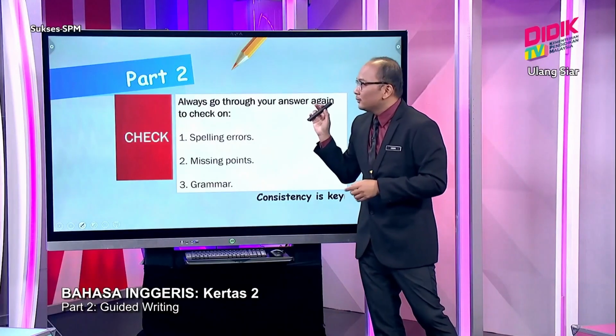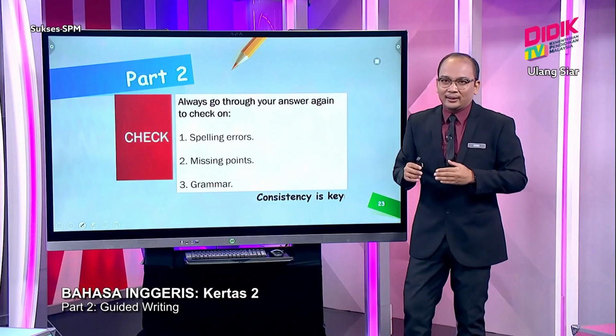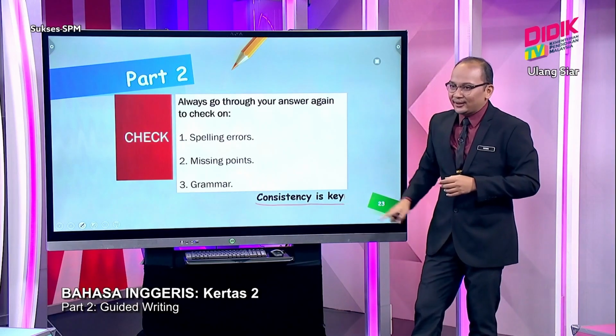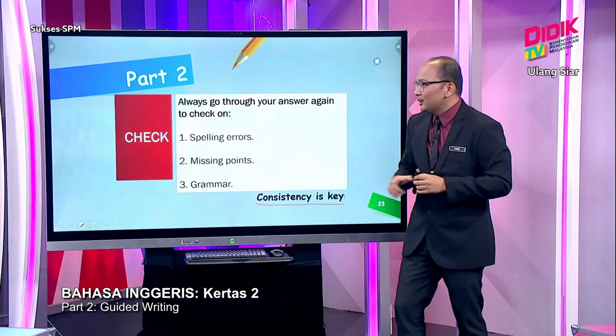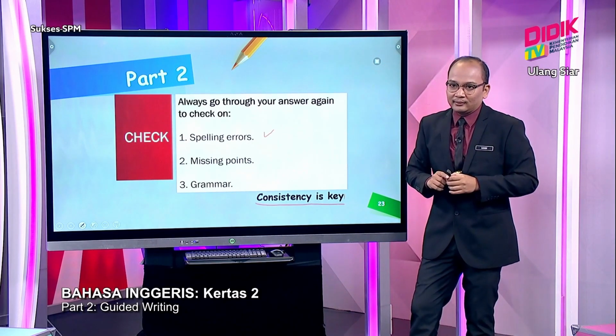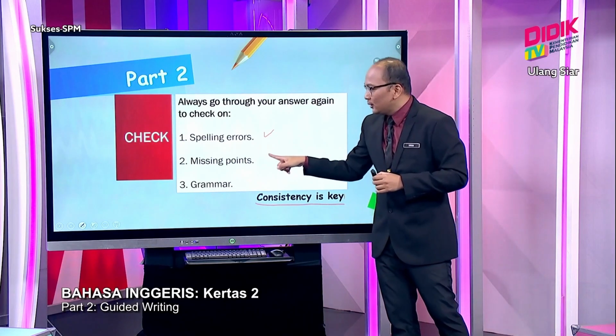Okay. And also, let's go on to the last one. So for part 2, please do this. Because what? Consistency is key. I keep on repeating the same thing because we need to check our spelling errors. And also missing points.